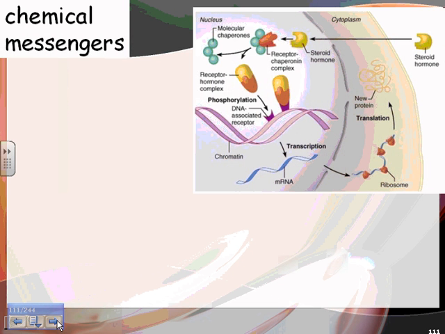Chemical messengers, and these are the steroid hormones that we talked about earlier. Remember, the cell membrane is made out of a lipid, and that's the thing that keeps the water outside the cell separate from the water inside the cell. Steroid hormones are really cool because they are also lipids, and they'll actually be able to go right through this lipid layer.